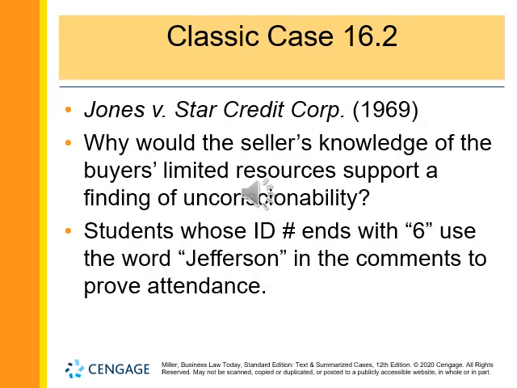The classic case of Jones versus Star Credit Corporation, New York, 1969, is found in the current edition of Miller, starting at page 409. Facts. The Joneses, the plaintiffs, agreed to purchase a freezer for $900 as the result of a salesperson's visit to their home.